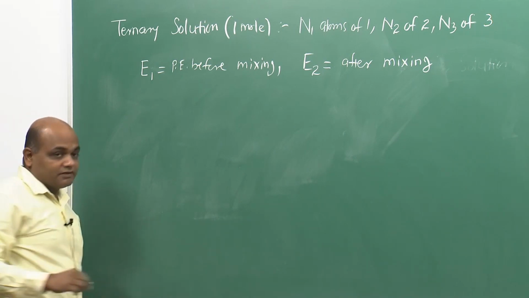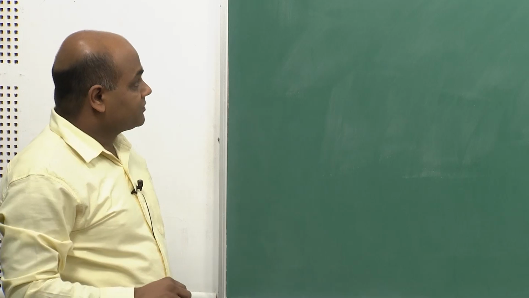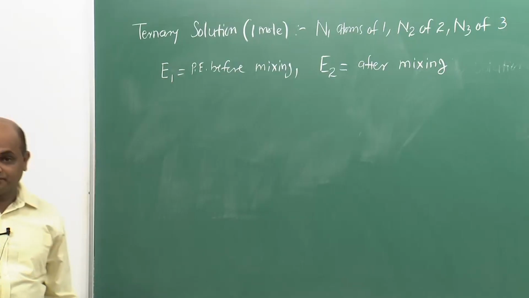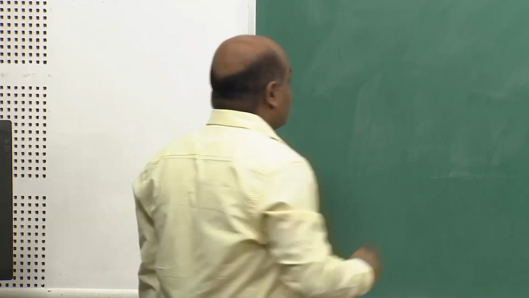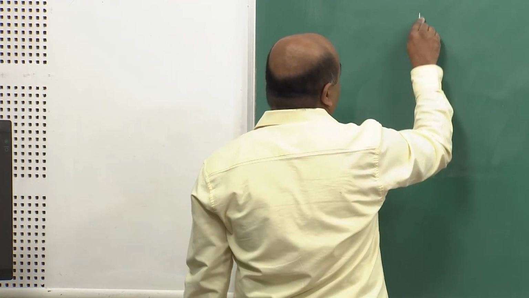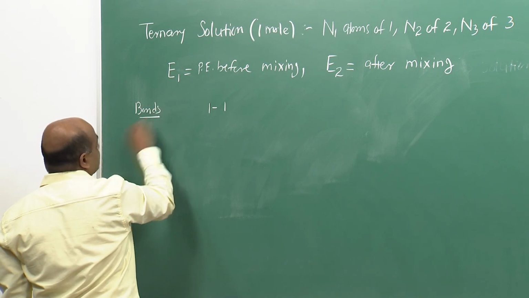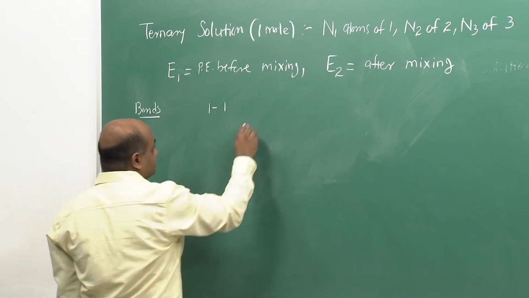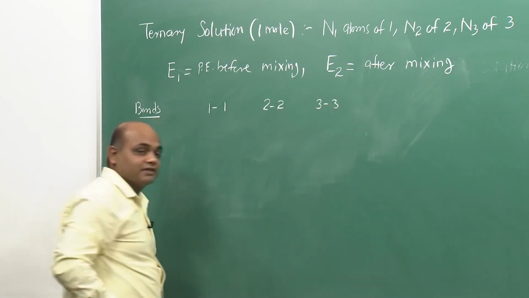Now, if we consider the solution after mixing, how many different types of bonds will be there? Oh no, we are considering ternary solution. There will of course be 1 1. So, the types of bonds we are considering will be 1 1, 2 2, 3 3.